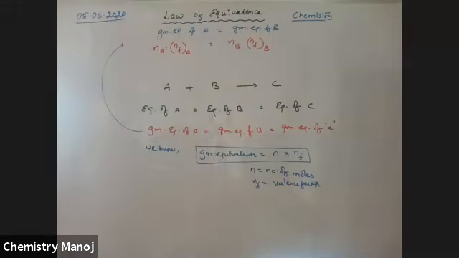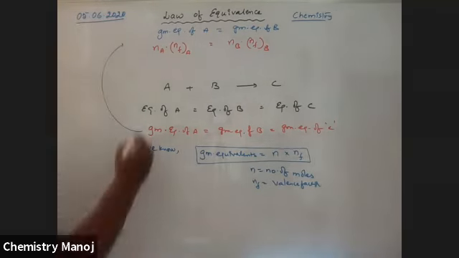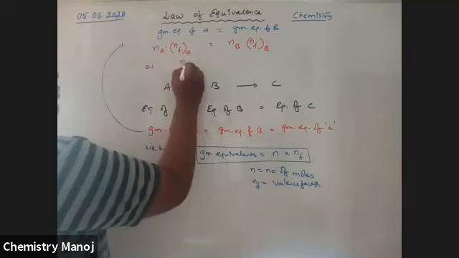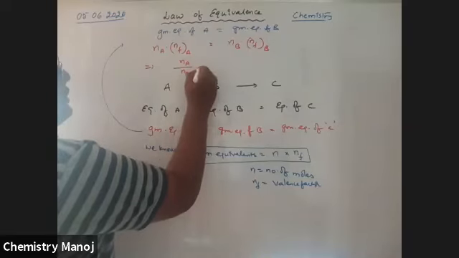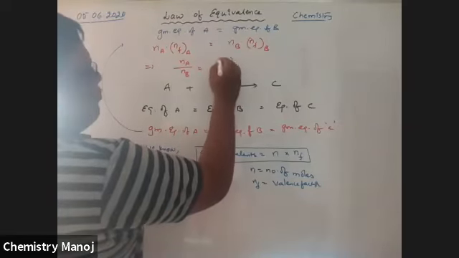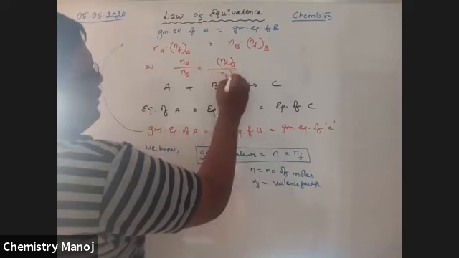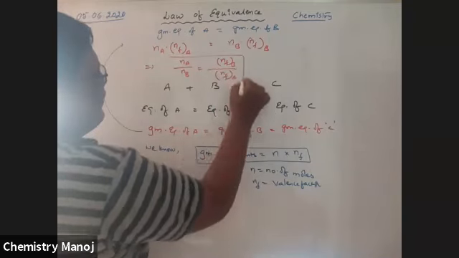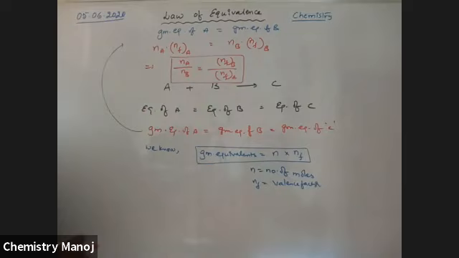So it is very, very important. Take the number of moles on one side and the n factor on the other side. That implies number of moles of A by number of moles of B is equal to n factor of B by n factor of A. It is a very, very important relation, whether the reaction is balanced or unbalanced.